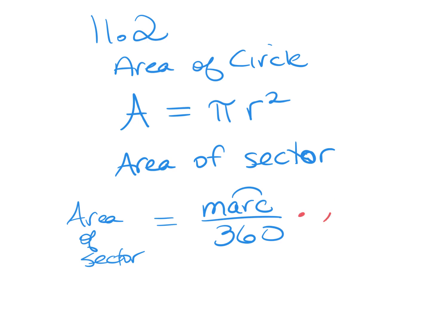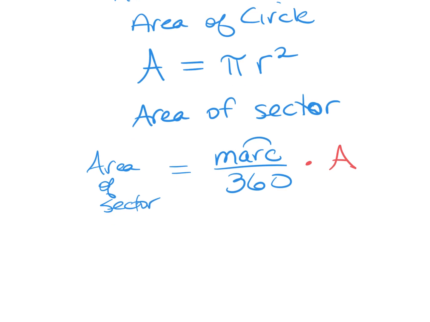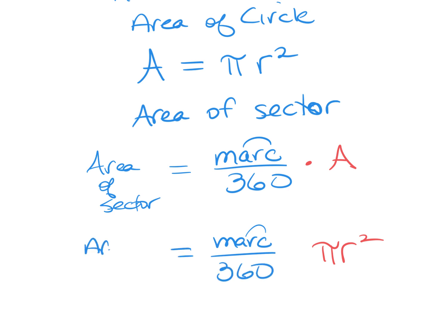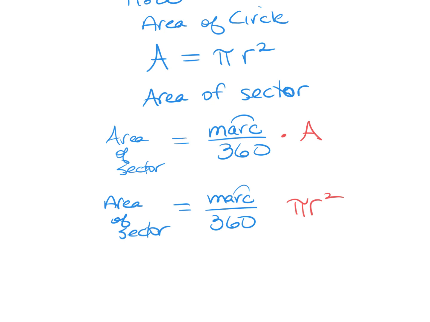And you're either going to multiply it by the area already calculated, or they might give you a radius, and you would have to multiply it by pi r squared. So it all depends on your given when you're calculating area of the sector. Again, also remember, if you're given a diameter, you need to turn it to a radius. So remember, to turn a diameter to a radius, you divide it by 2.